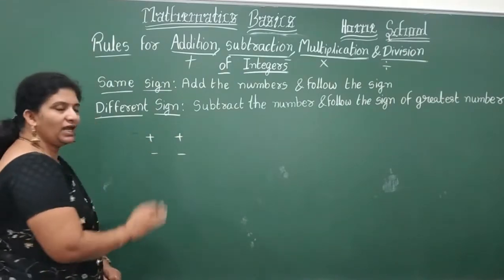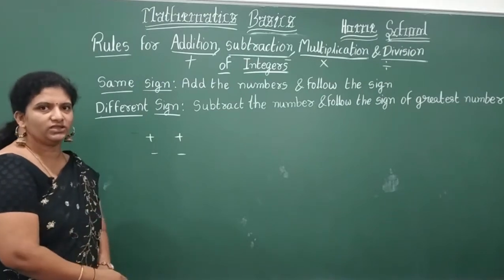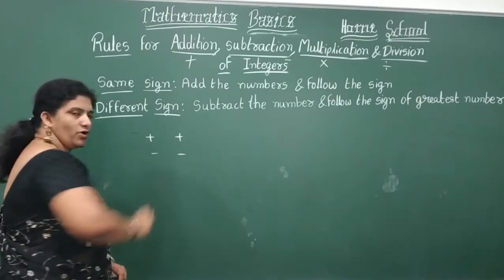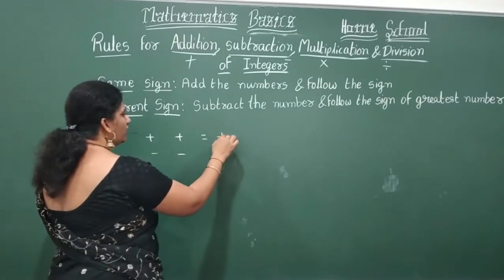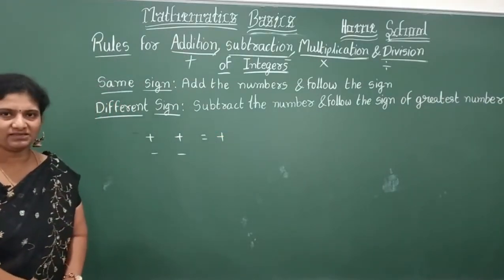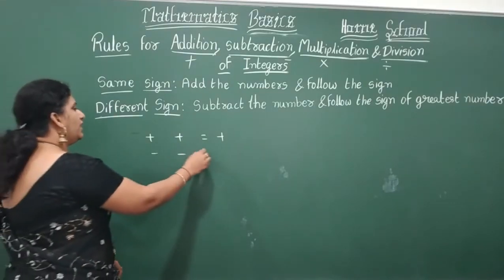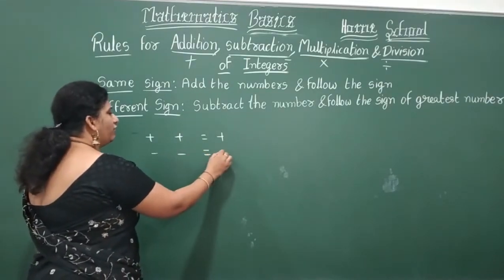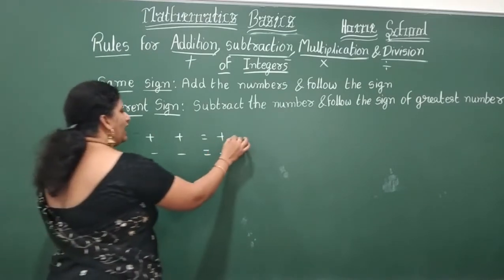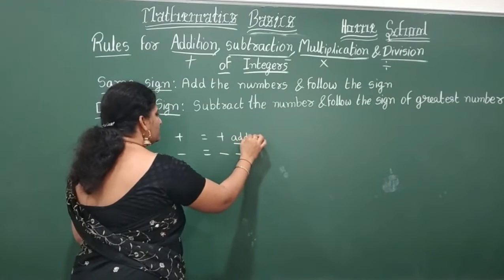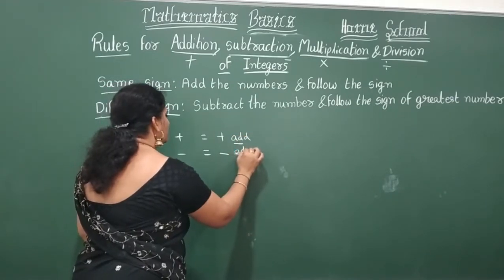Okay, if any two numbers both have a positive sign, you are adding. What are you going to get here? Followed with a plus sign. And again, you need to add, followed with a negative sign. Look here, add the numbers.